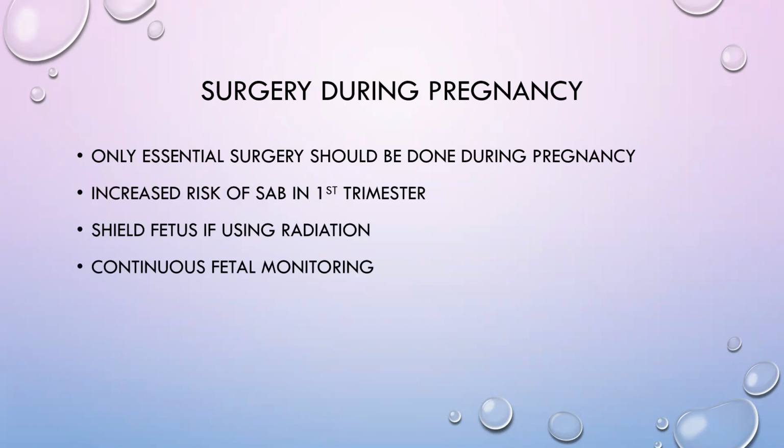Surgery during pregnancy is not recommended unless it's essential. There's an increased risk of spontaneous abortions during the first trimester while having surgery. With radiation, you want to make sure to shield the fetus from any types of x-rays and use continuous fetal monitoring with the surgery.